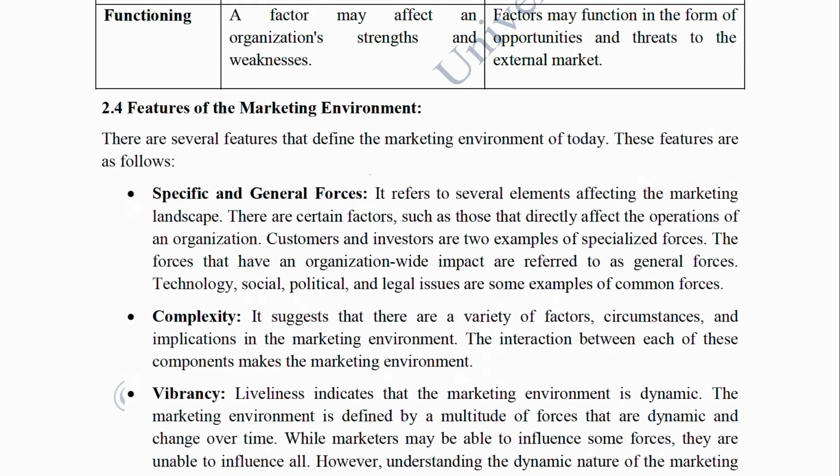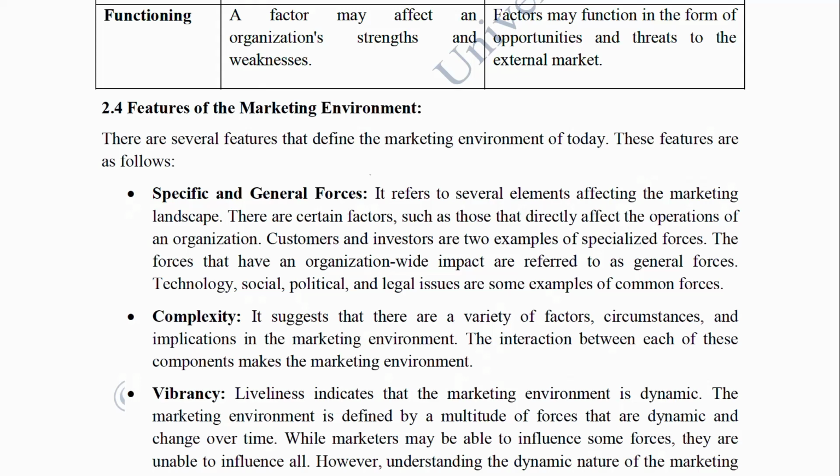2.4 Features of the marketing environment. There are several features that define the marketing environment of today. These features are as follows. Specific and general forces. It refers to several elements affecting the marketing landscape. There are certain factors, such as those that directly affect the operations of an organization.